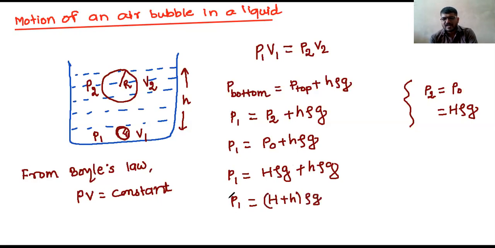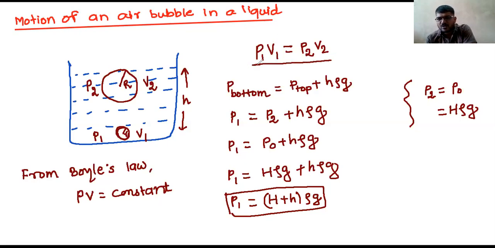What I did, I have taken rho g common. Got it? Any doubt? Now, here you see P1 V1 is equal to P2 V2.